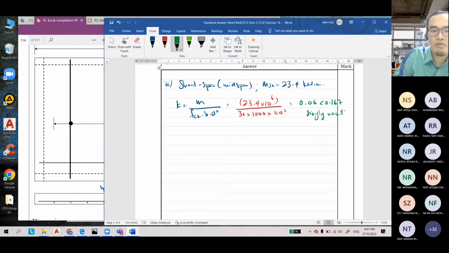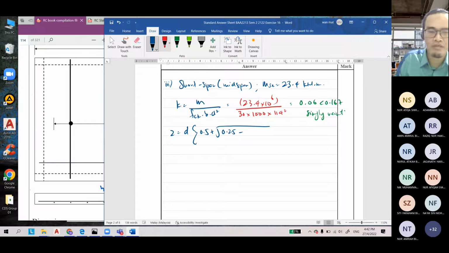So our Z is equal to D times 0.5 plus square root of 0.25 minus K over 1.134. You can use this one. You don't have to write down the equation for this one. Don't waste your time.